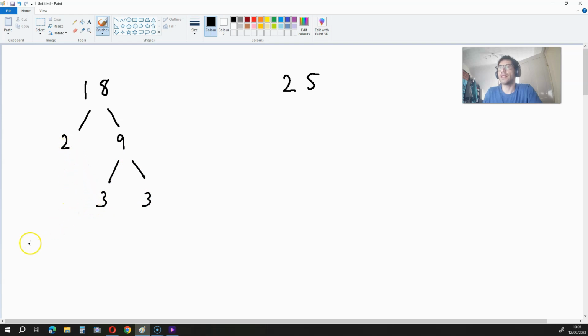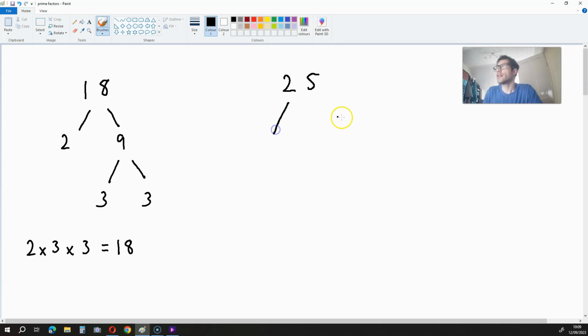So this means that 2 times 3 times 3 is 18, and the prime factors of 18 are 2, 3, and 3.